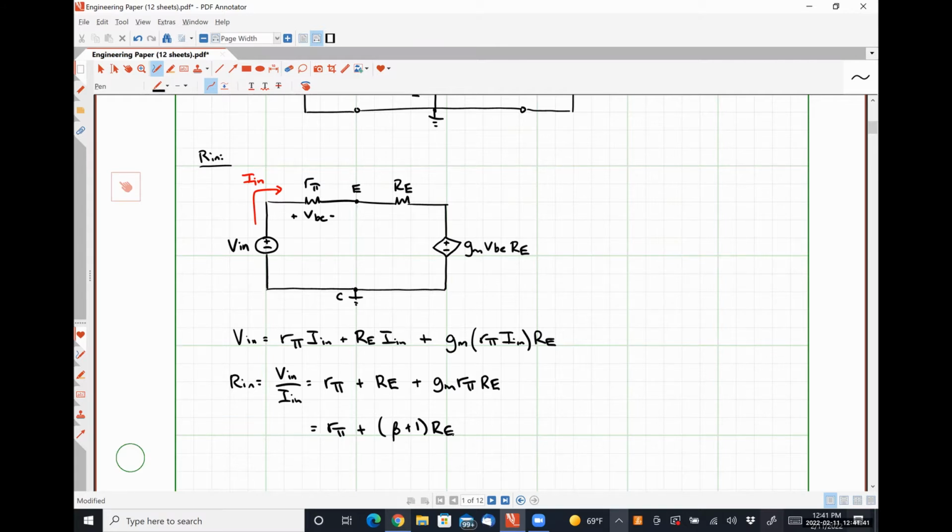So anybody have any questions regarding our input impedance calculation? Arguably one of the more straightforward ones.